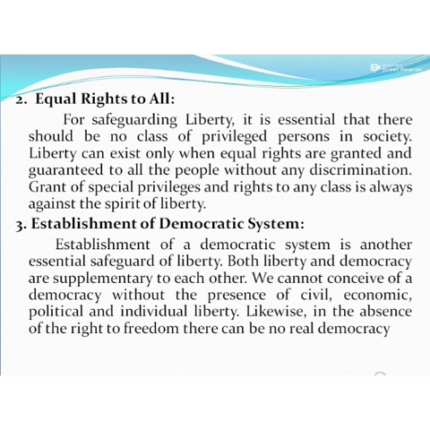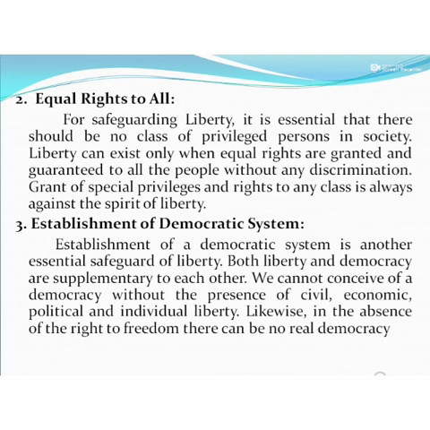Thirdly, the establishment of democratic system. Establishment of democratic system is another essential safeguard of liberty. Both liberty and democracy are supplementary to each other. We cannot conceive of a democracy without the presence of civil, economic, political, and individual liberty.